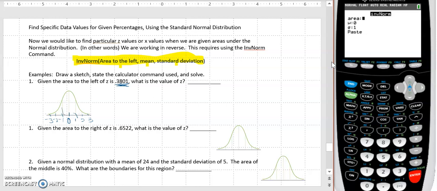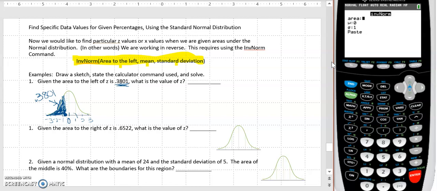I'll draw something in here and say, suppose it's somewhere along in here, and this is about 38% of the curve. That area there is 0.3801. That's the shaded part, and what I'm trying to figure out is what is the z value down here on the axis?